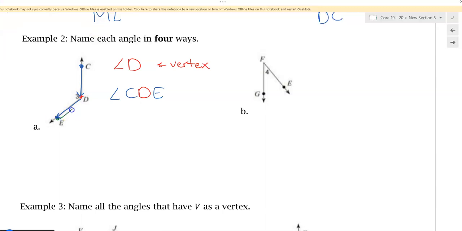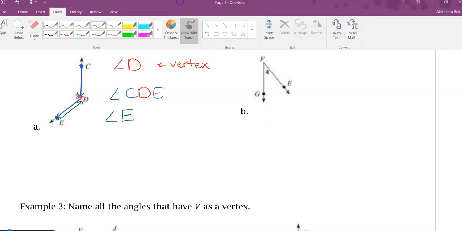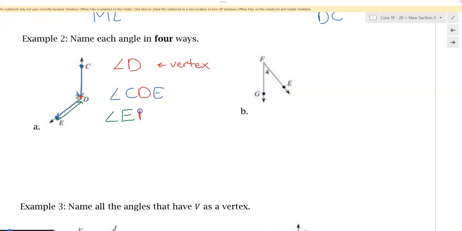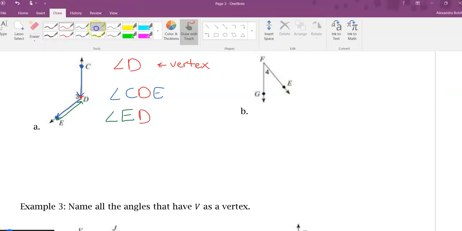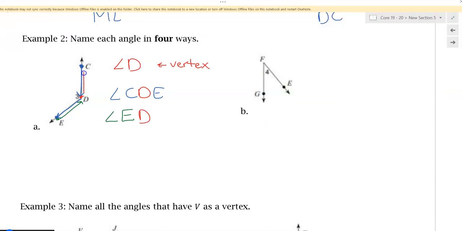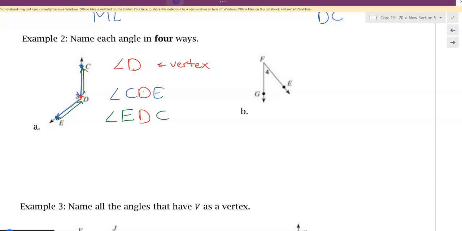If I have E, and then I go to that vertex D, and then I go to C. So angle E to D to C. Again, with all of these, that vertex is in the middle.